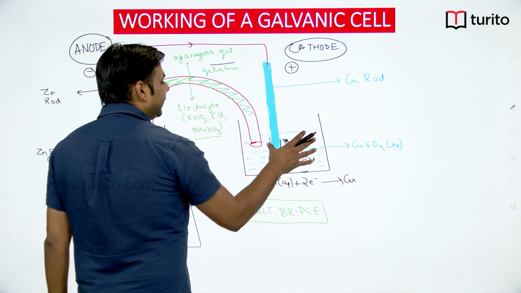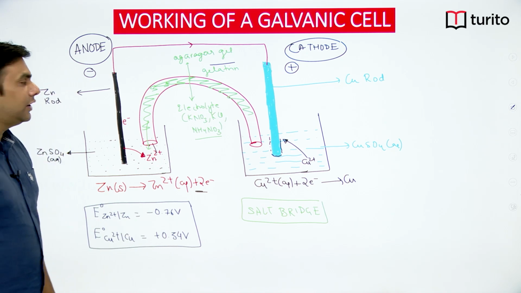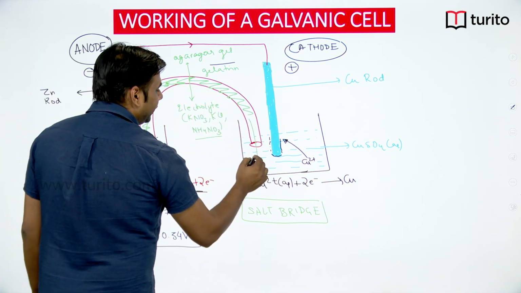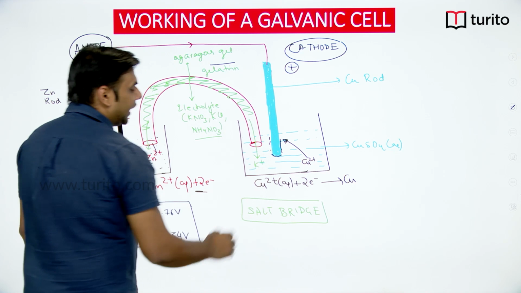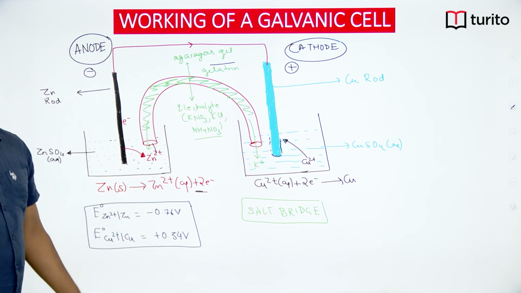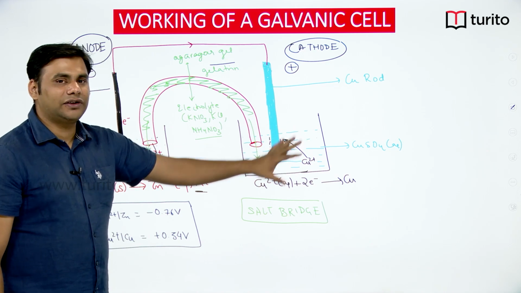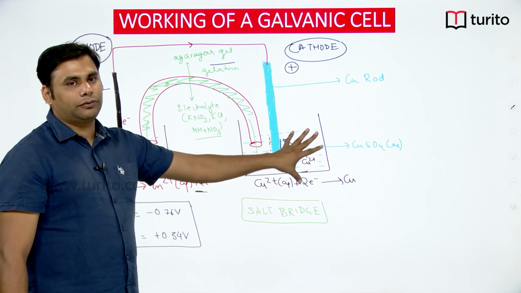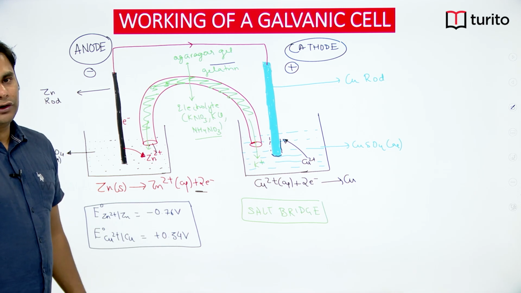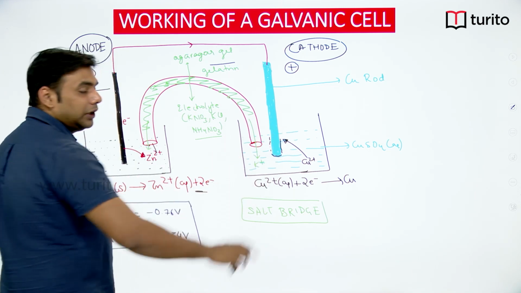Similarly, there is excess negative charge over here, so the salt bridge will pump some potassium into this solution. When it pumps out some potassium, the excess sulfate ion present there gets neutralized. In this way both solutions get neutralized.